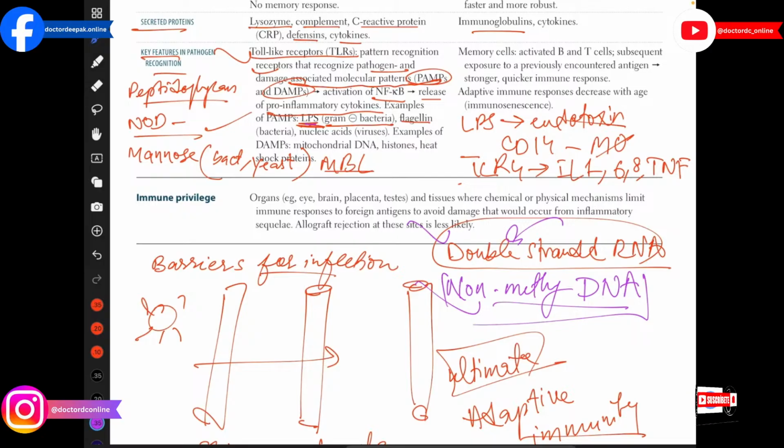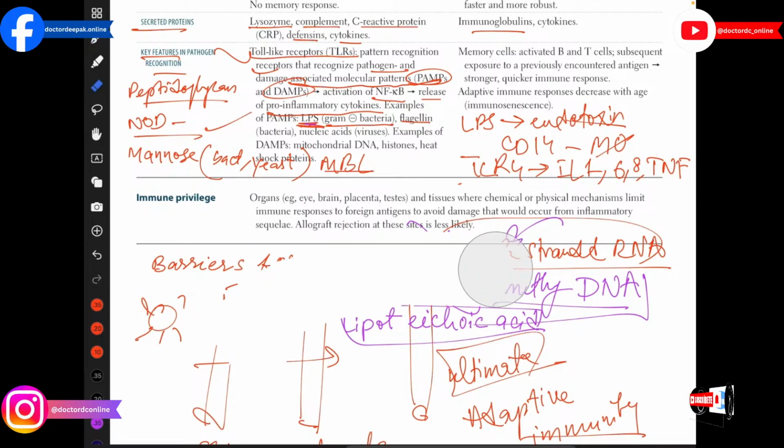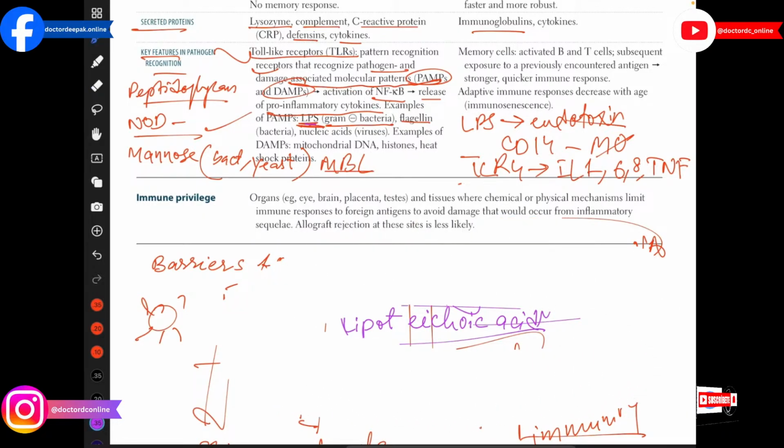Similarly for gram-positive bacteria, we have lipoteichoic acid. So for gram-positive we have lipoteichoic acid, and for gram-negative we have lipopolysaccharide.